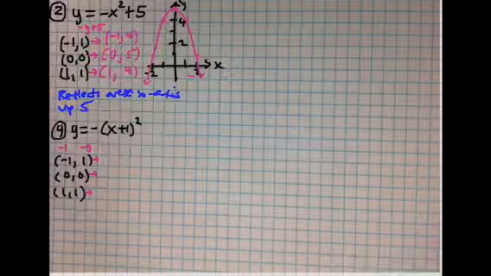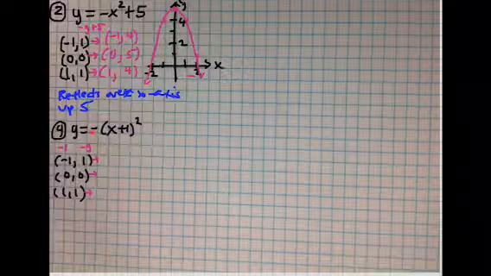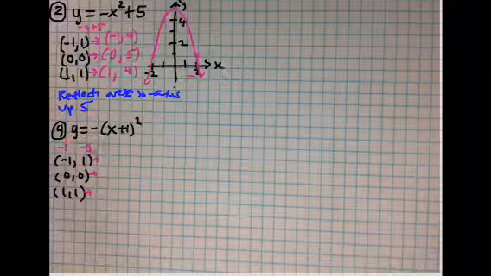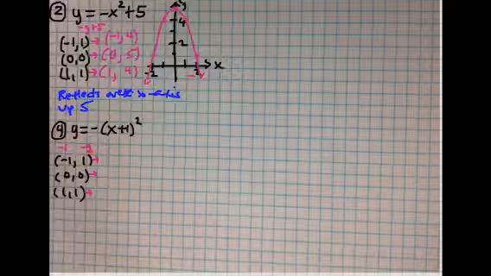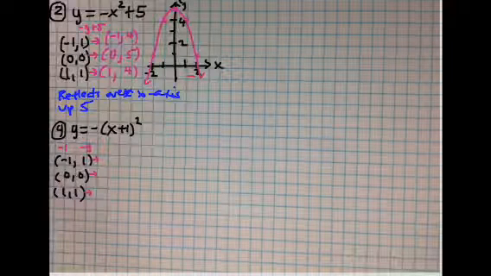So in number 4, the h is -1, because remember it's x minus h right here. The a is -1, just like in the previous problem. So you can see here how a and h are going to transform your reference points. The x's are going to decrease by 1 and the y's are going to change signs.